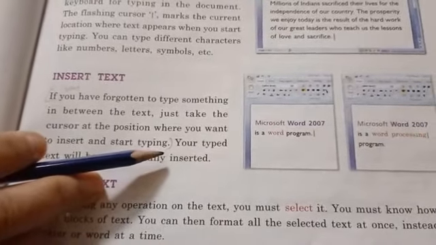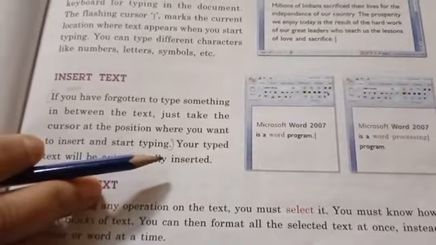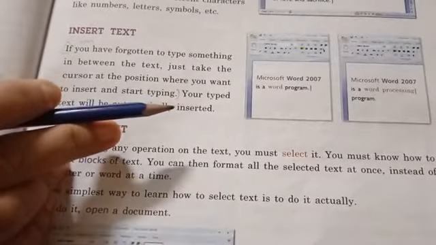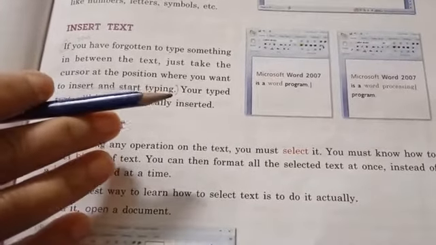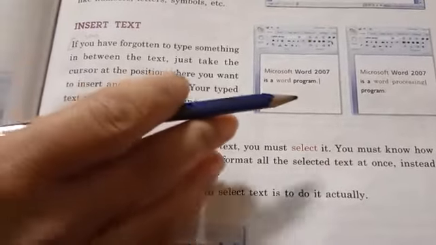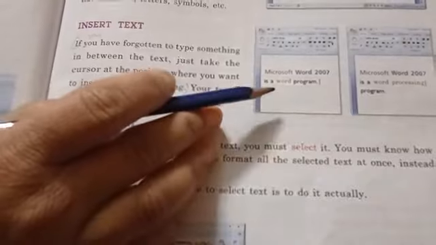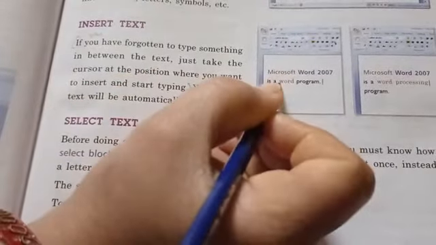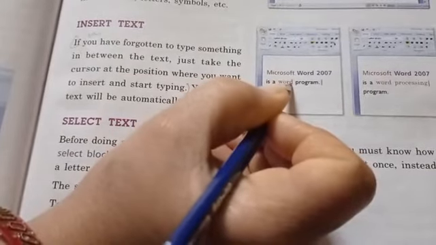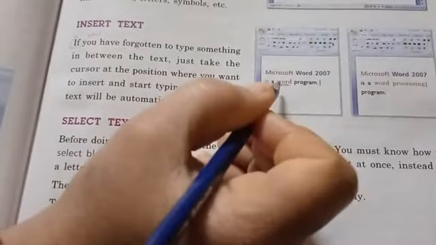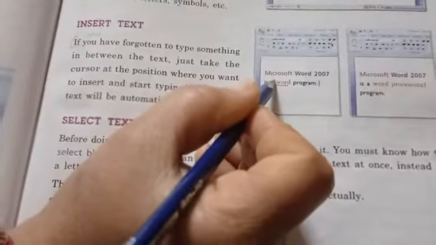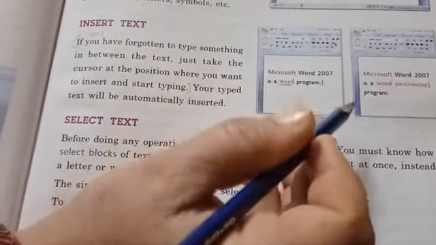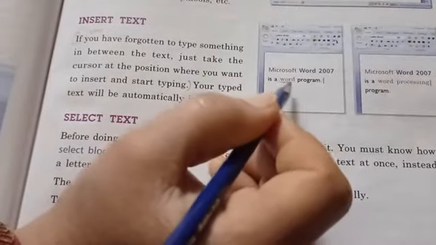Suppose you forgot to type a word here. You have to take your cursor here, and then start writing the word.